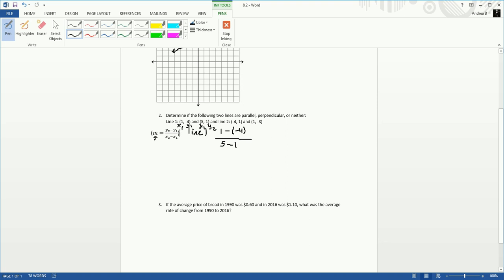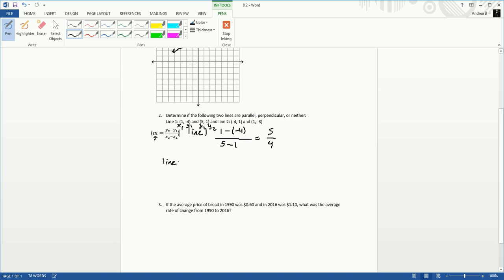And then once again, you want to make sure to simplify your answers. So here in this case, we should get 5/4 for the first slope of the line. Because remember, if you have a double negative like we have in the numerator, you get a positive. So it's really the same thing as saying 1 plus 4 to get the 5. 5 minus 1 gives you 4. So that's for line 1.